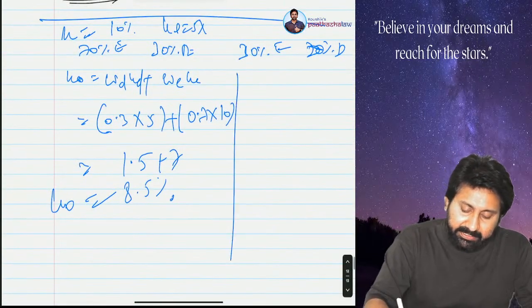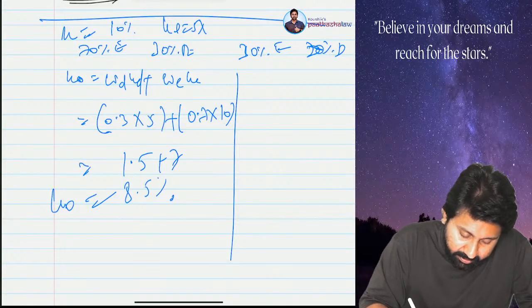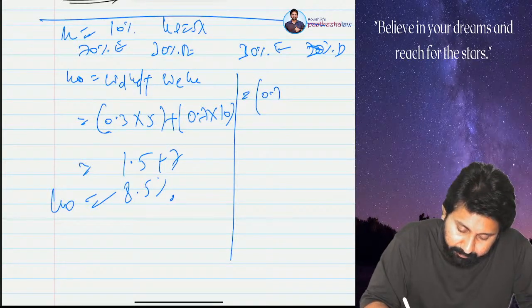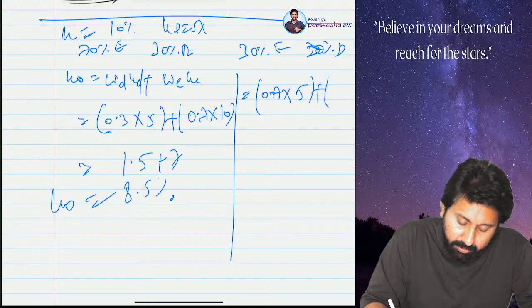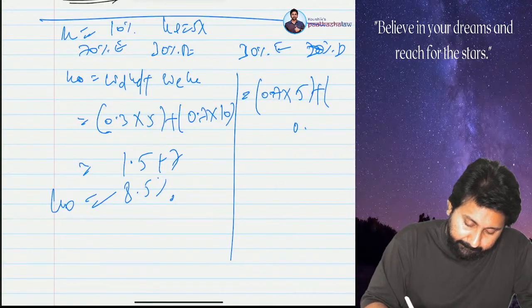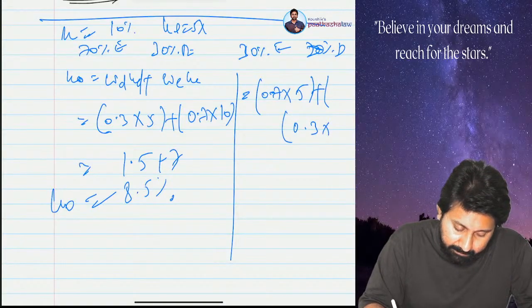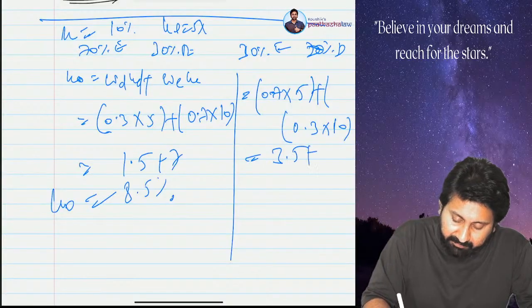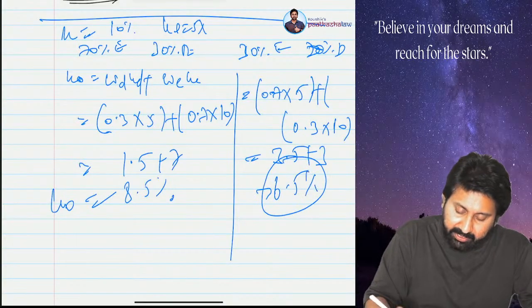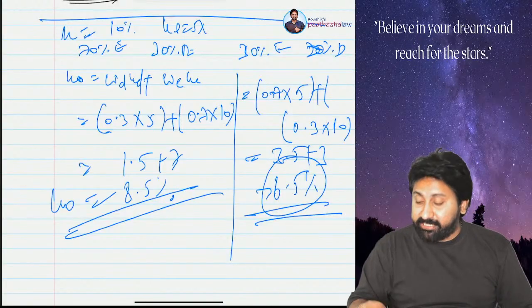Second case, 30% equity and 70% debt. WD 0.7 into KD 5 plus WE 0.3 into KE 10. 3.5 plus 3, 6.5%. So in the first case, KO is 8.5. In the second case, KO is 6.5.